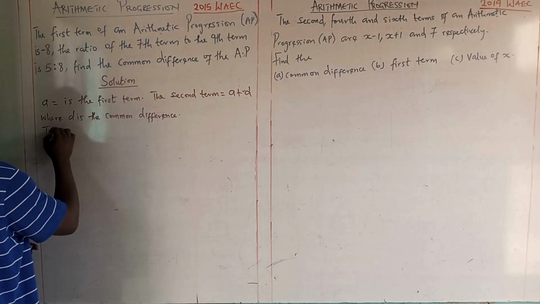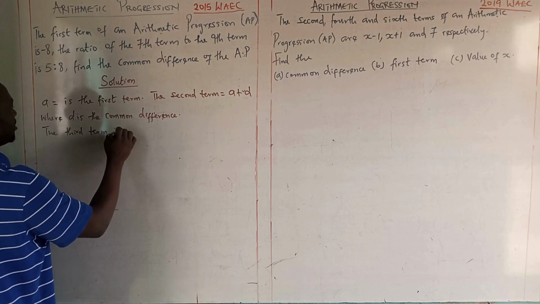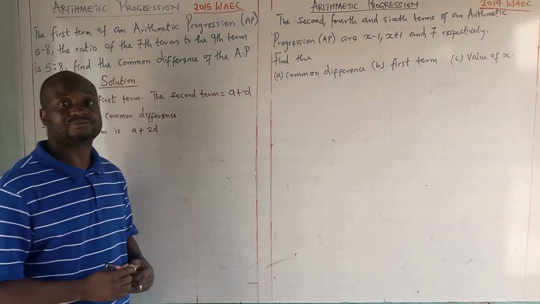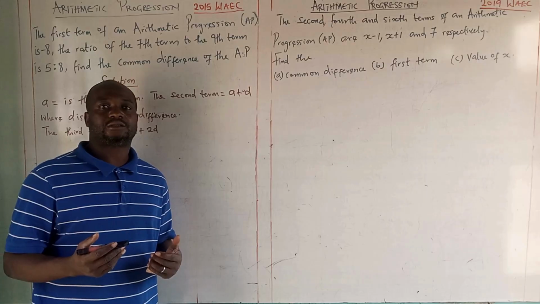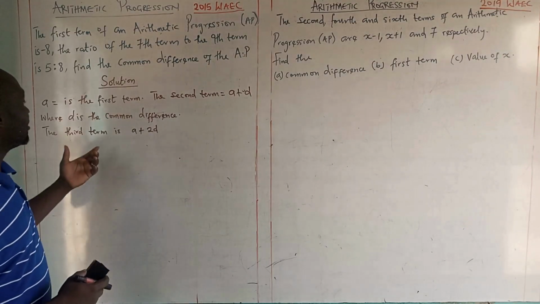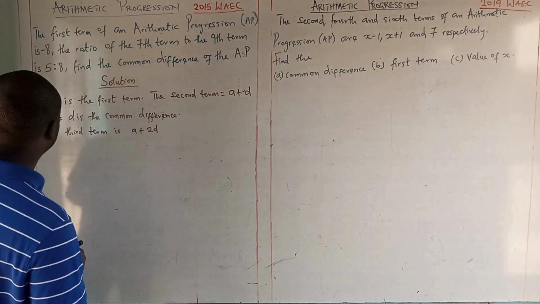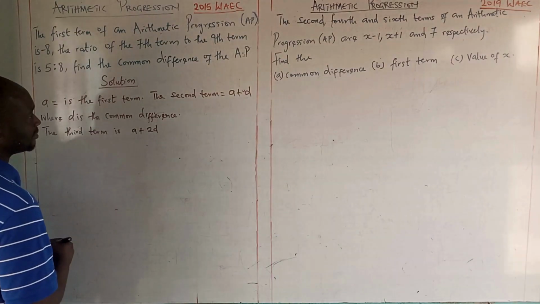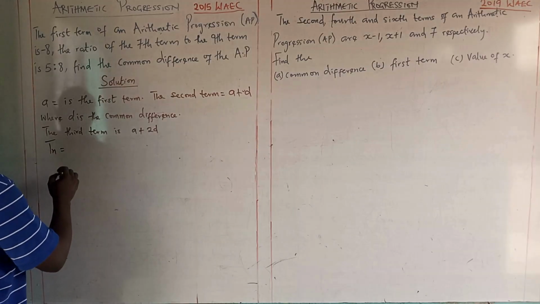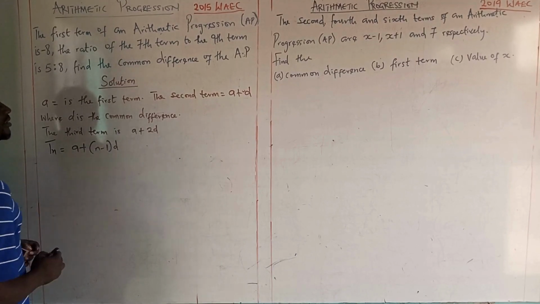The third term is A plus 2D. Now, this is how we get the terms of arithmetic progression. The nth term, that is the term that we don't know, is given as Tn equals A plus n minus 1 into D.